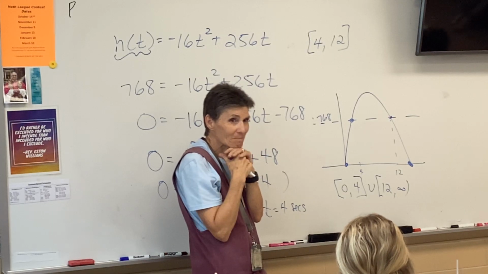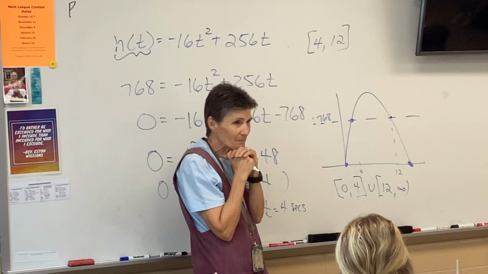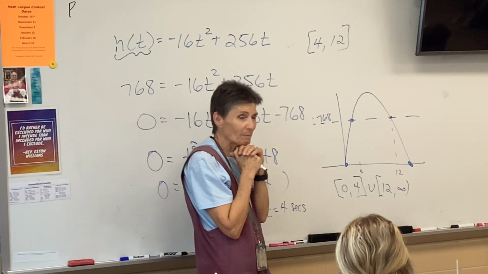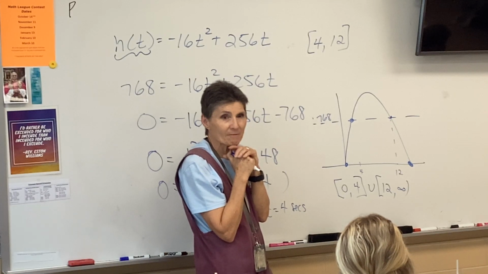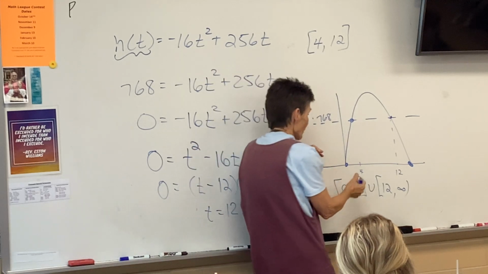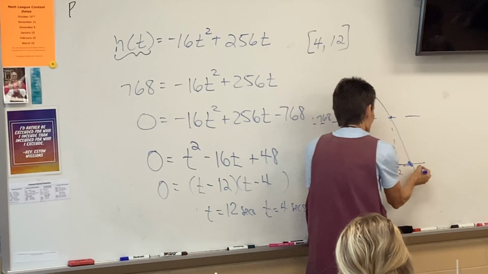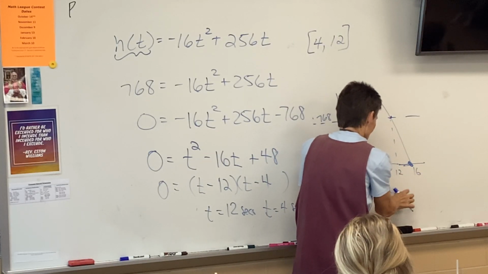Olivia? 16. How did Olivia know it was 16? Because it's a parabola. But what do parabolas have? Symmetry. Right? So if this distance is 4, won't that distance be 4? So this should be a 16.